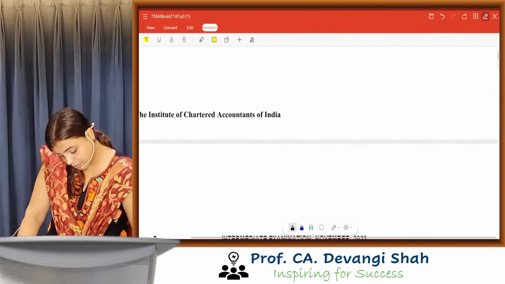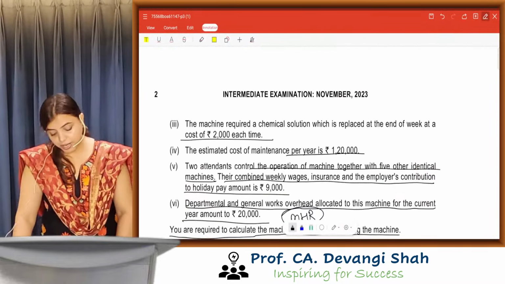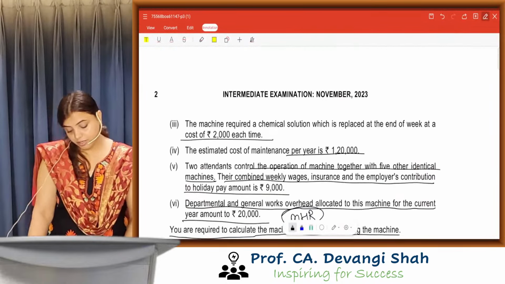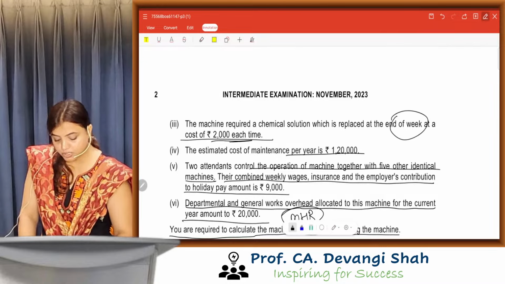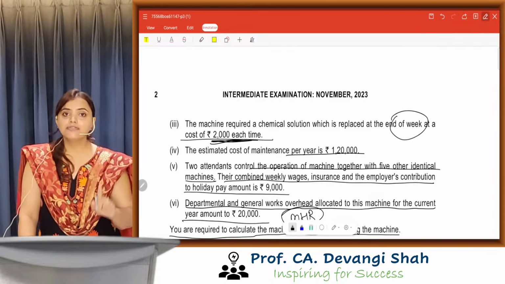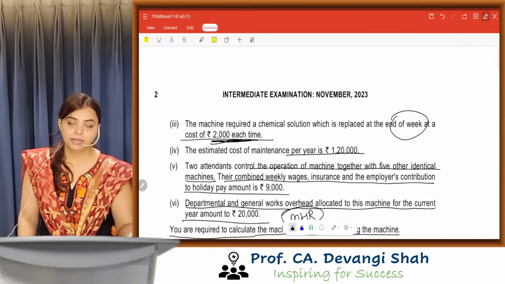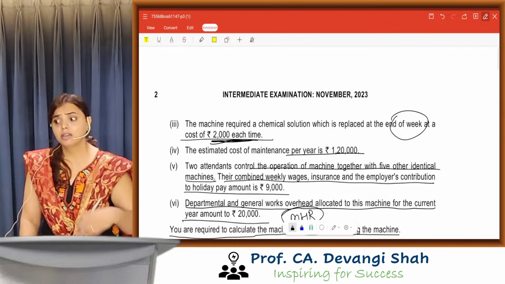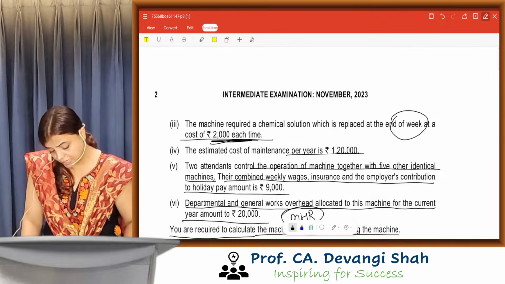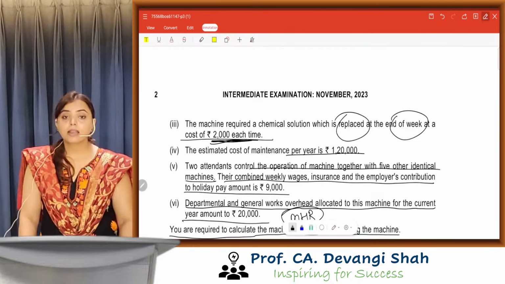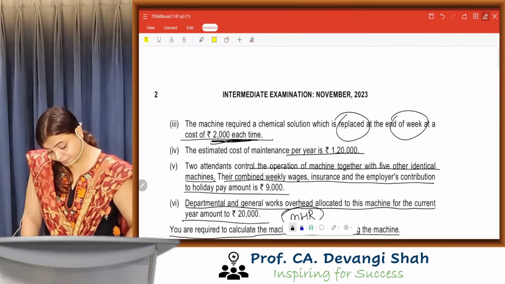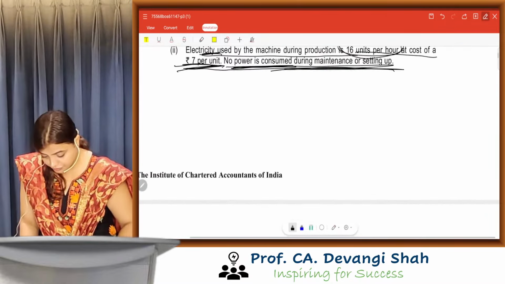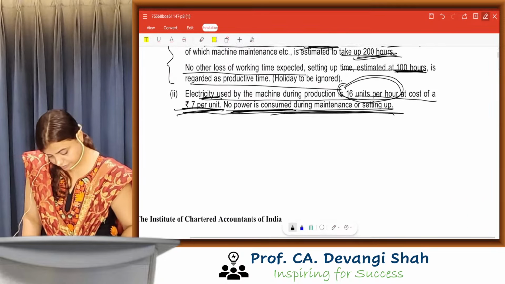We are done with the second point. Third, the machine requires a chemical solution which is replaced at the end of the week at a cost of 2000 each time. Every week the chemical solution has to be replaced. And how many weeks are there? We are given that it is 50 weeks.